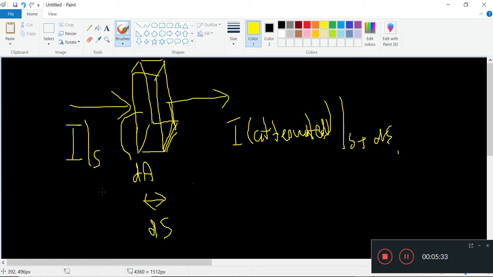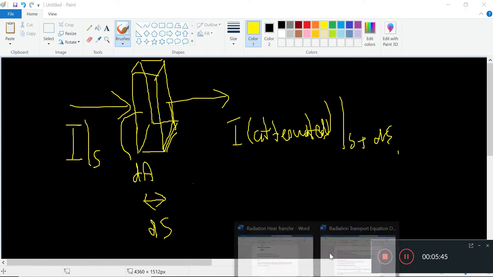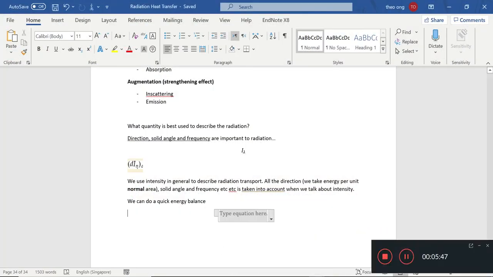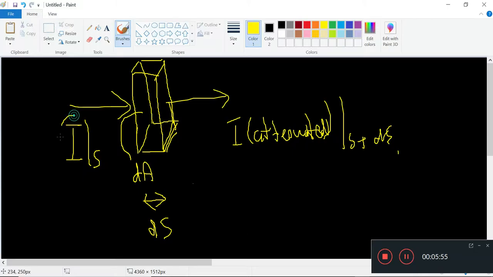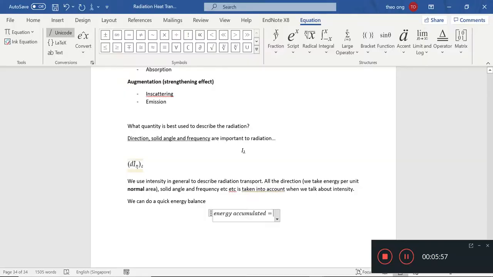Assuming this I goes in, we can say energy accumulated equals input minus output. So we have I at this location S.